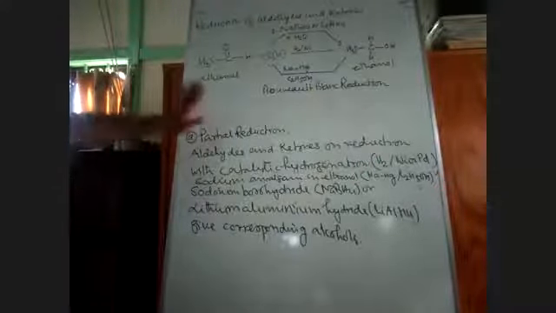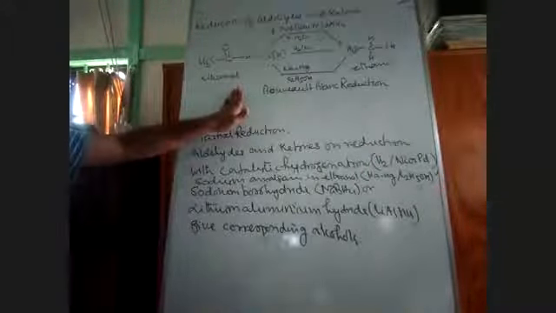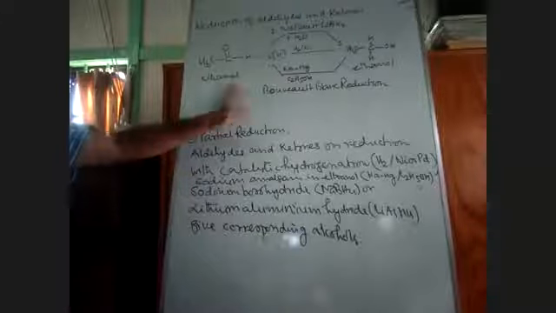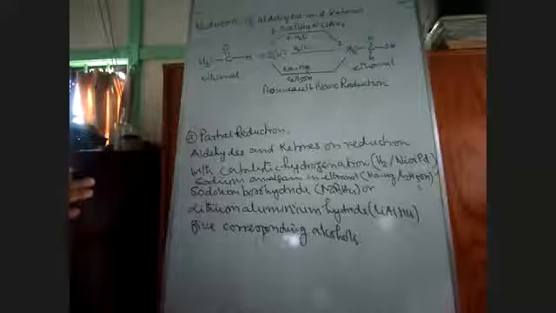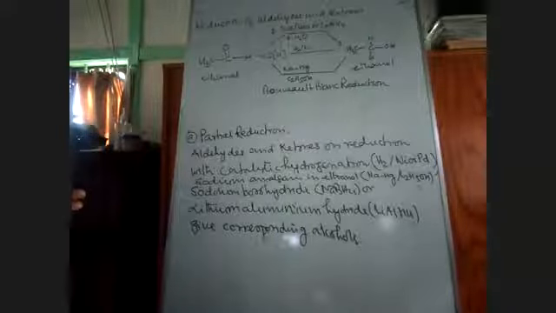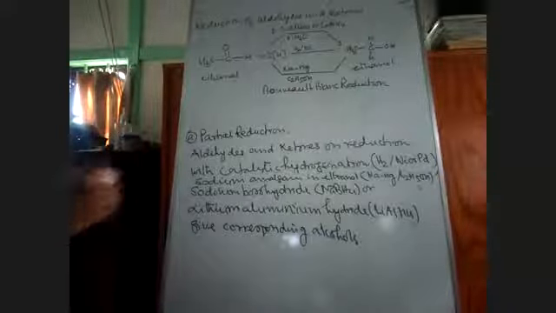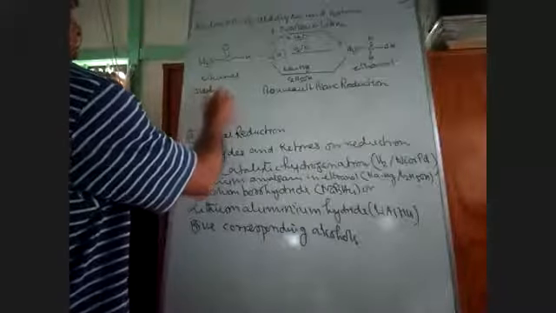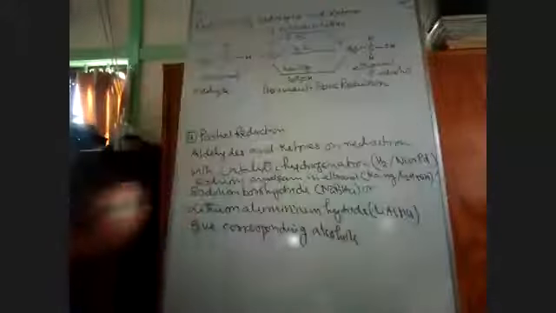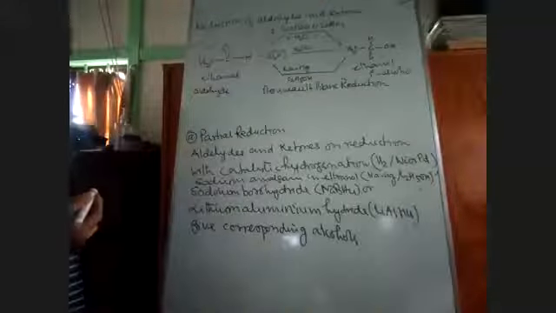This last one I have done only for your entrance exams. Borohydride reduction. Please write. So now this is aldehyde and this is primary alcohol. So please remember, aldehyde will always give you primary alcohol.